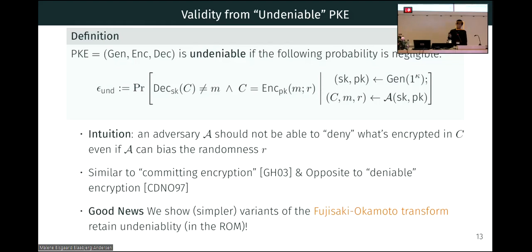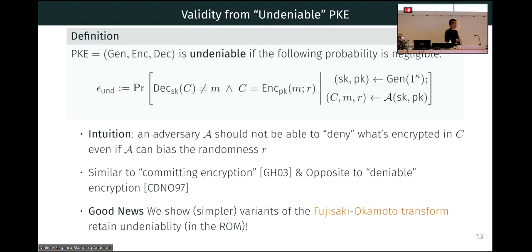So can we achieve undeniable public key encryption in a generic way? The answer is yes. The good news is that we can show that simpler variants of the Fujisaki-Okamoto transform, which generically converts a CPA secure encryption scheme to a CCA secure one, already retain undeniability in the random oracle model.